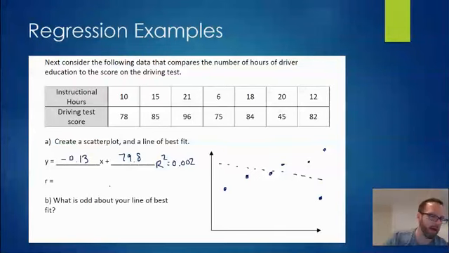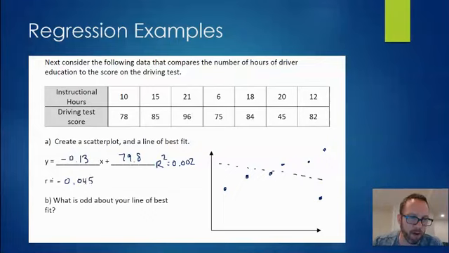And when you square root that, you get 0.04. And because the line of best fit goes down here, that's actually a negative correlation, about negative 0.045. So there's almost no correlation.